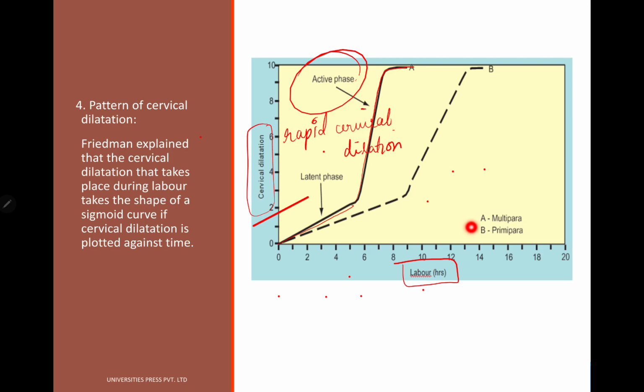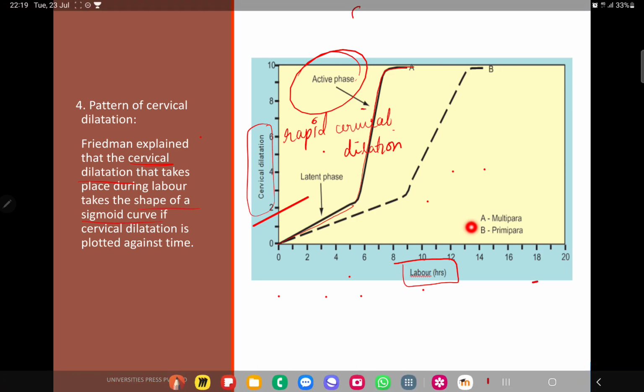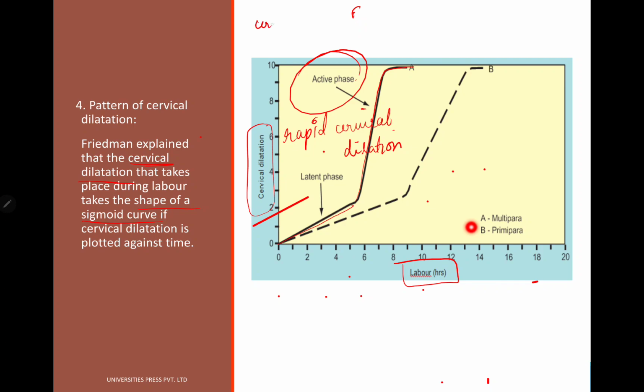Friedman explained that the cervical dilatation that takes place during labor takes the shape of a sigmoid curve. This is Friedman's sigmoid cervical dilatation curve.